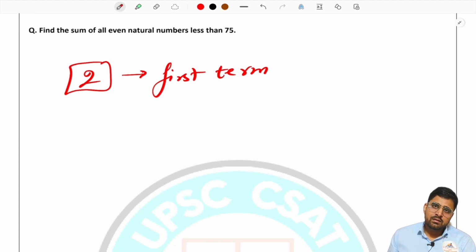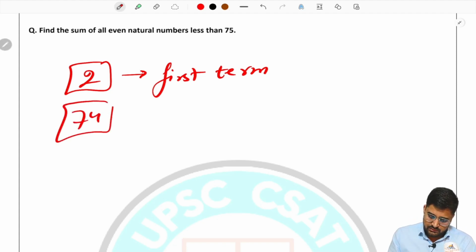75 is not an even number. So we have to put our last term as an even number which comes under this range, 2 to 75. Obviously 74 becomes the last term. So 74 is your last term.